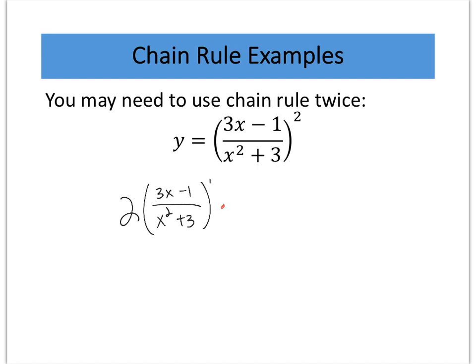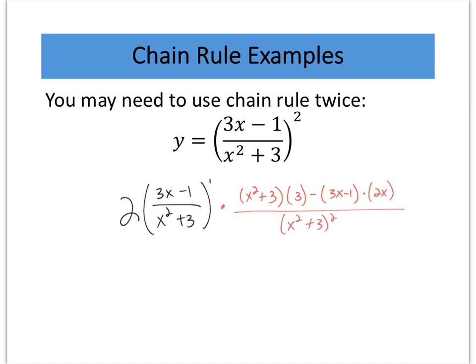Low d high, x squared plus 3 low times the derivative of the top, minus high d low, 3x minus 1 times 2x, over low low, x squared plus 3 quantity squared.